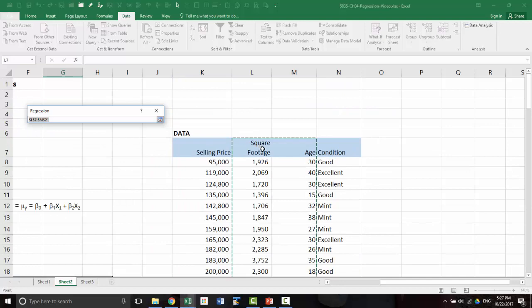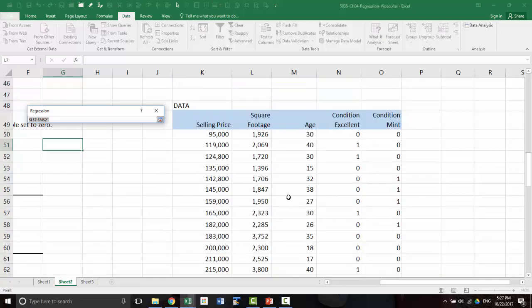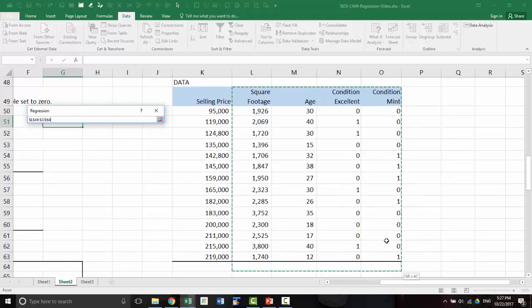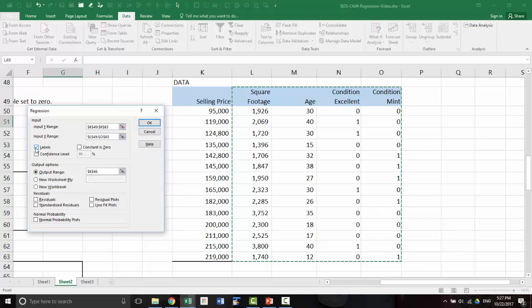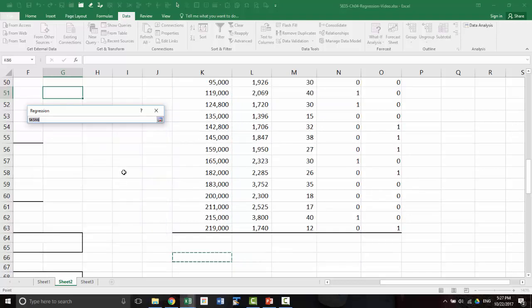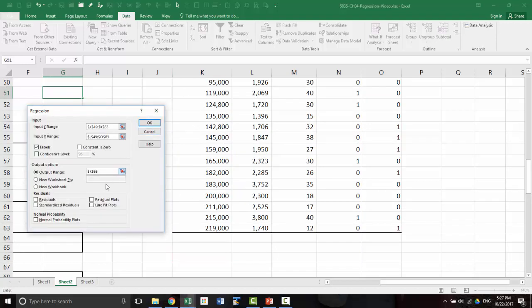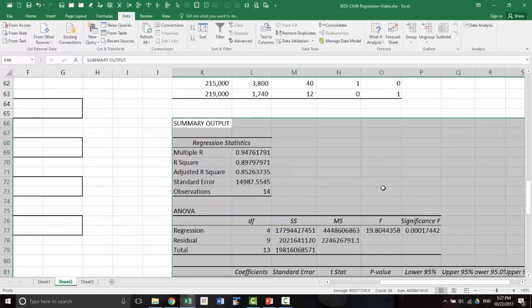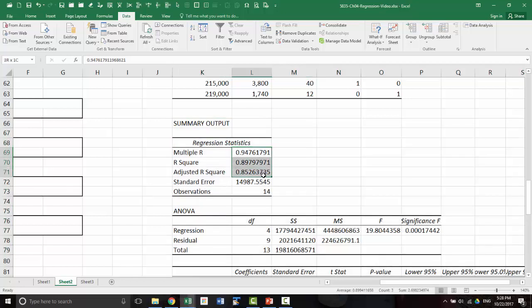The x is now down here, square footage, age, and the two dummy variables. Okay, label is checked. All right, let's click OK. So now we have the results.